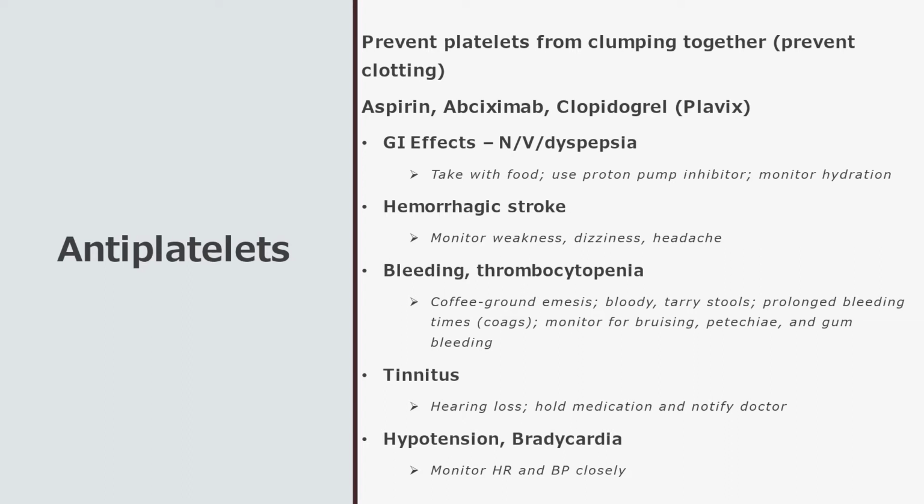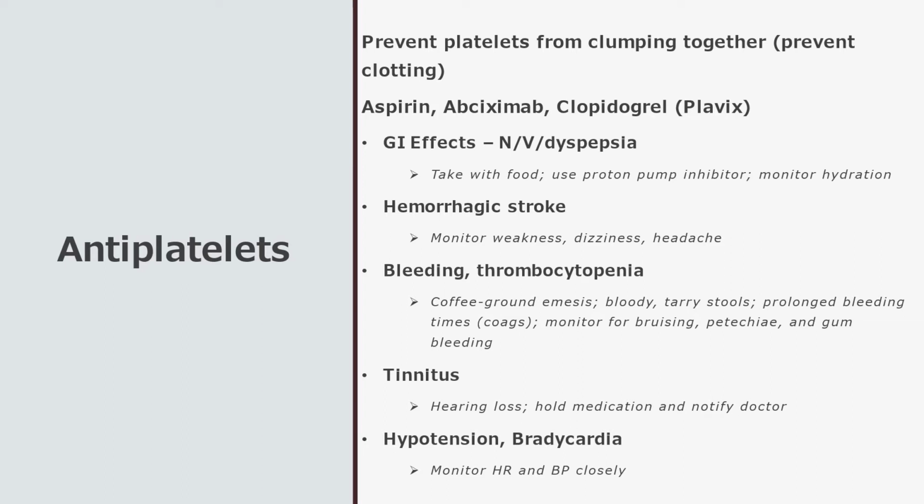And then hypotension and bradycardia. So low blood pressure and a low heart rate are common with antiplatelets, so we need to monitor for that, and monitor their platelet levels very closely.